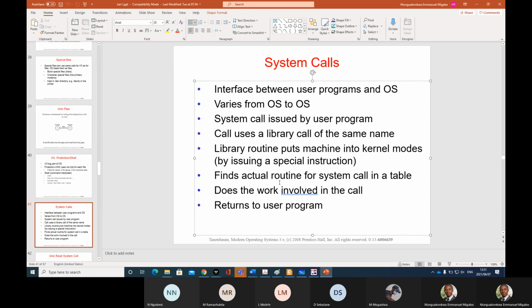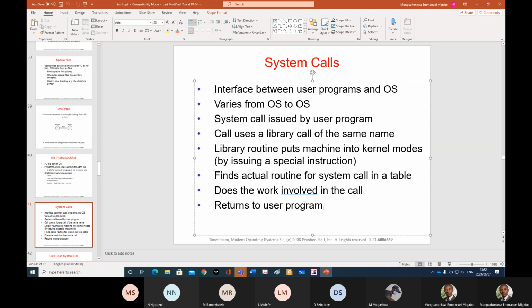The routine executing the system call, which is found in a table, does the work involved in the call, one step at a time. That's normal. And after the routine is executed, it returns to the user program some information which could be valuable for the next system call or for the functioning of the application itself.